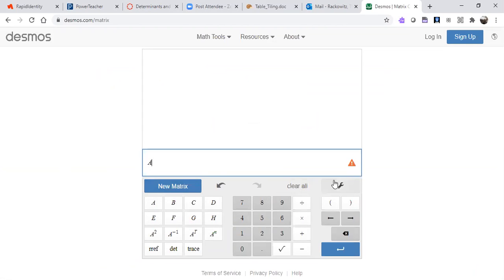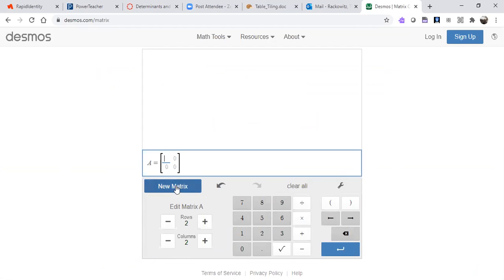New matrix, 2 by 2, and it was 3, 2, 5, 8.